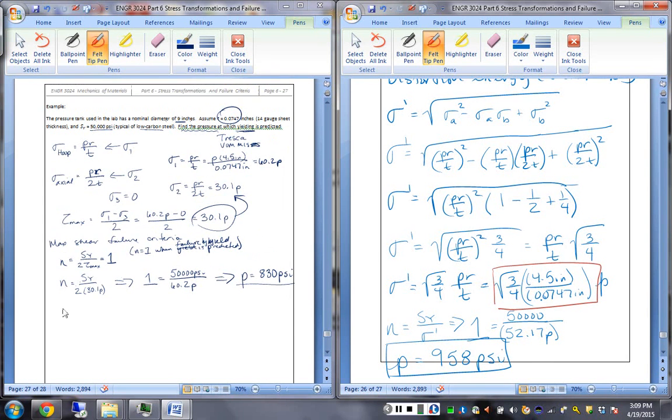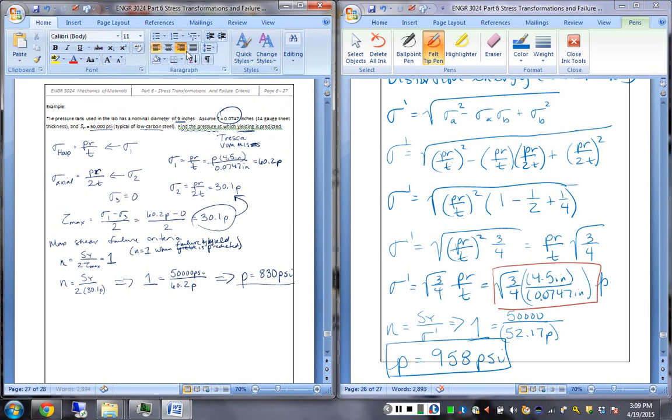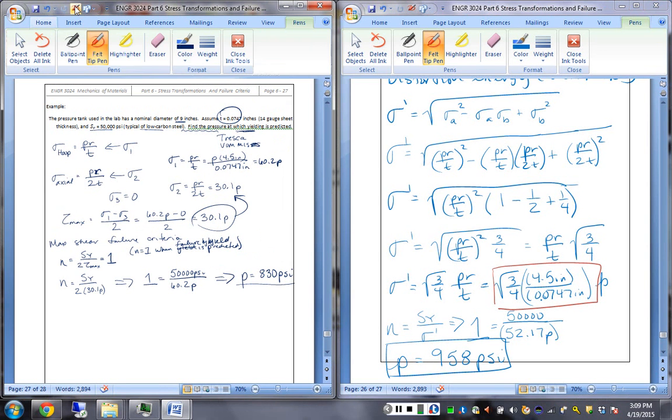And if you go back and look at the actual pressure vessel itself, you see that the tank has a specified operating pressure of 160 psi.